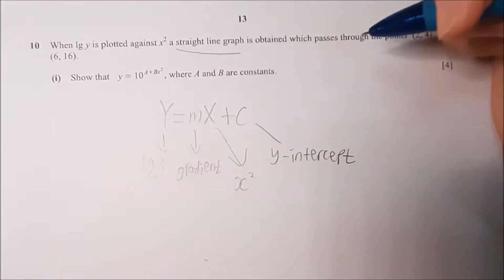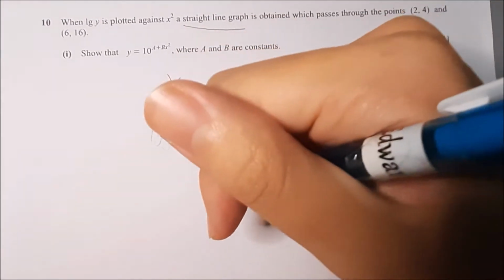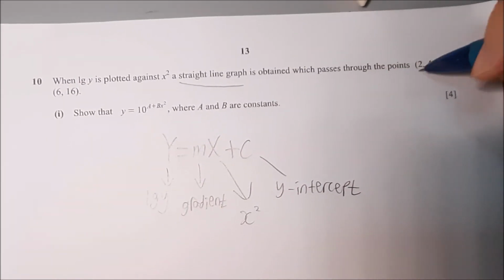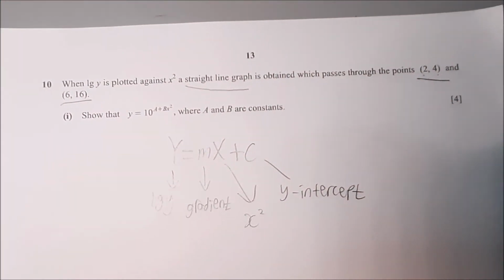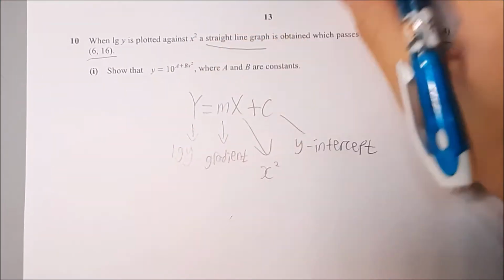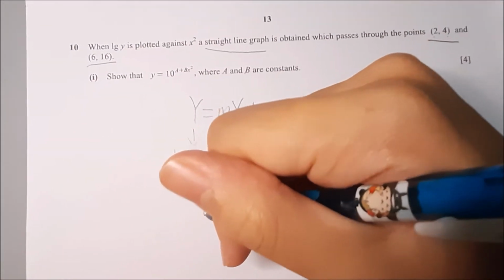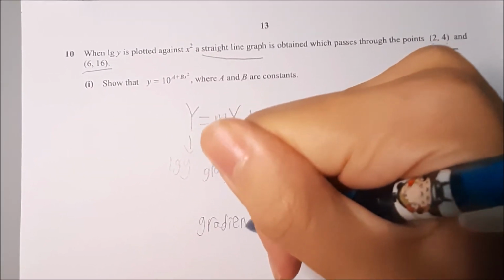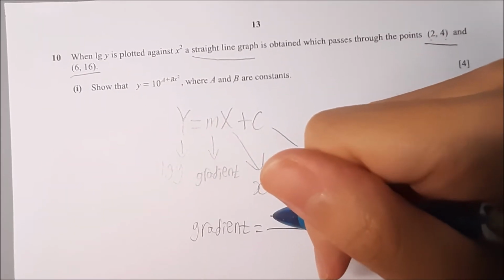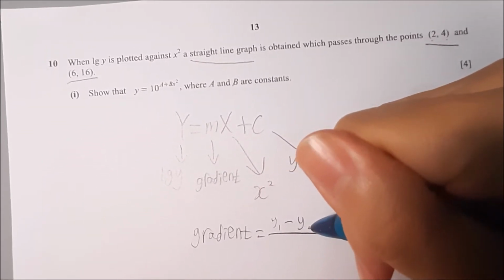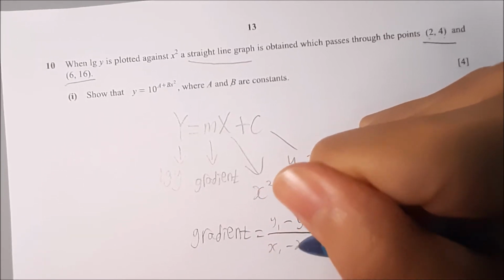So basically from here you just have to get your gradient. The two points are (2, 4) and (6, 16). So the gradient equals y1 minus y2 over x1 minus x2.